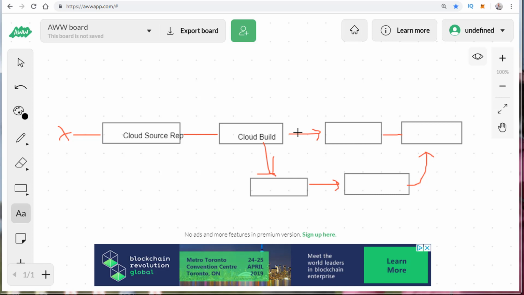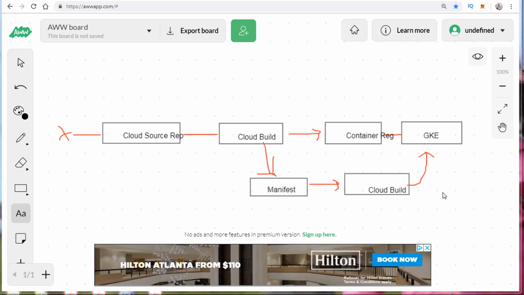After we go here, we want to push the image. And then to complete our repositories, we would again want to have our manifest generally on Cloud Source Repositories and then Cloud Build as well, to be able to deploy our manifests. And this would generally be done via a trigger in most cases.